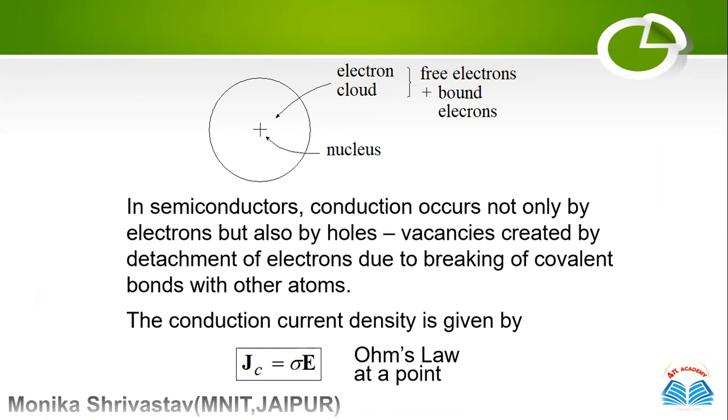So here is a schematic diagram of an atom, in which we can probe the polarization, with the nucleus, and around the nucleus there is an electron cloud. Electron cloud means the density of electrons is spread in this region. Let me select some pen or pointer. Yeah, so the electrons are in this space.